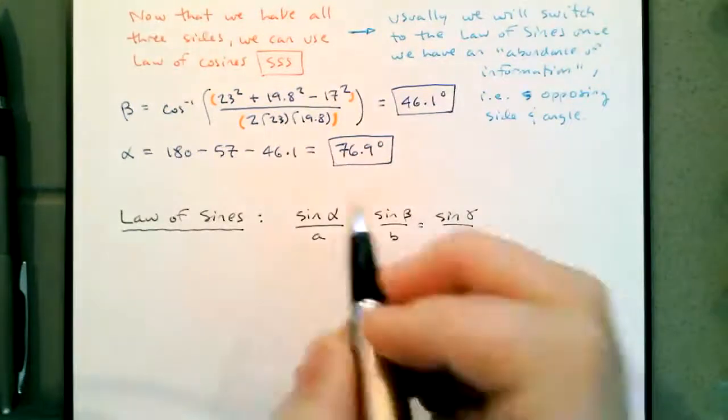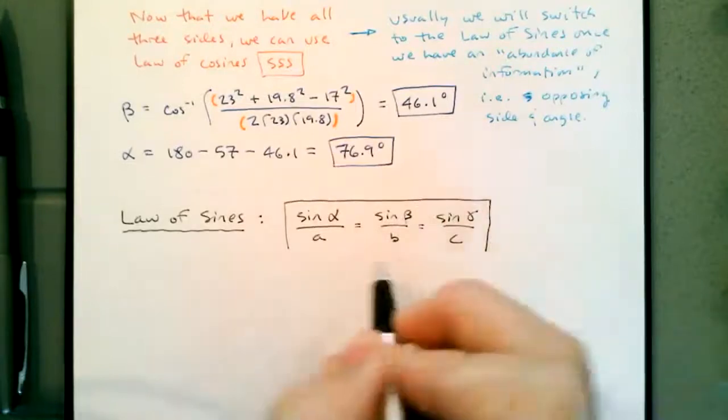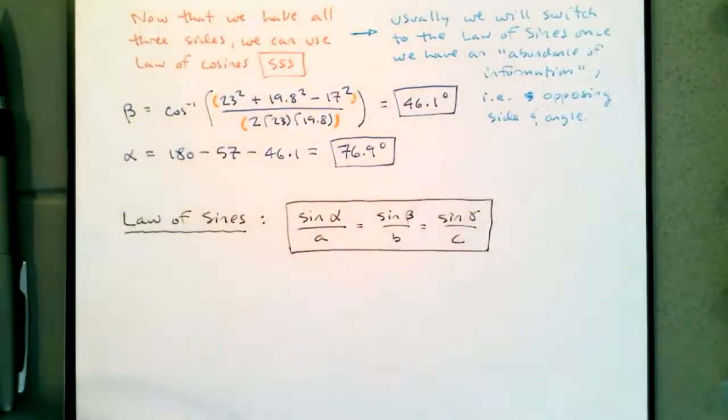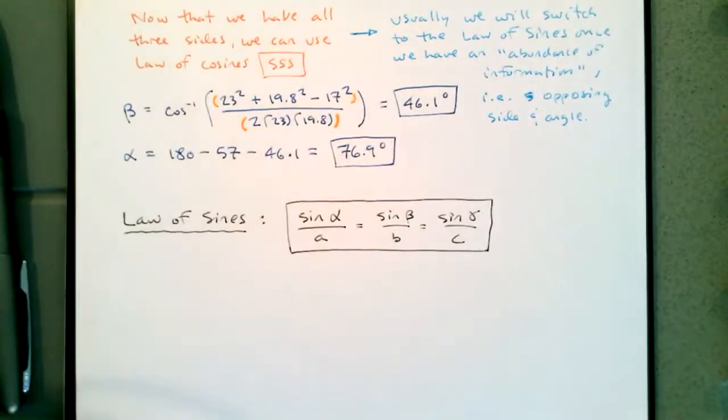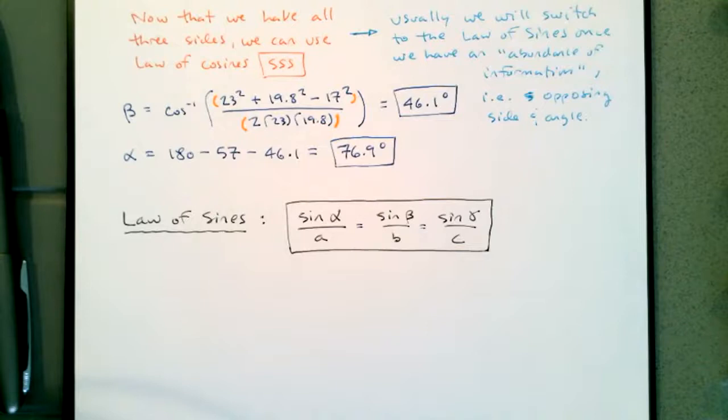So the law of sines, if we just want to spell it, we'll say sine alpha over A equals sine beta over B equals sine gamma over C. What we're saying is that the ratio of the sine of an angle to the side opposite that angle is constant in any triangle.